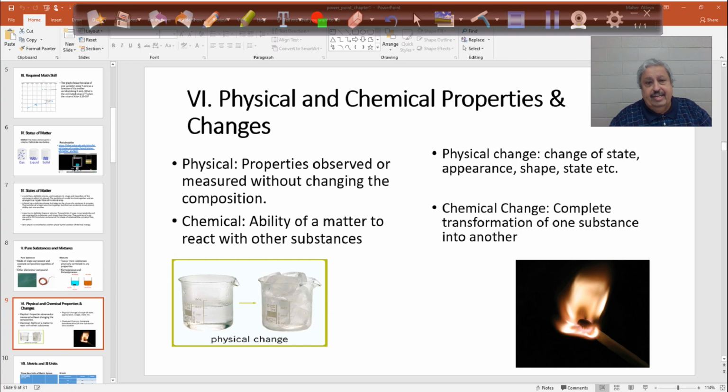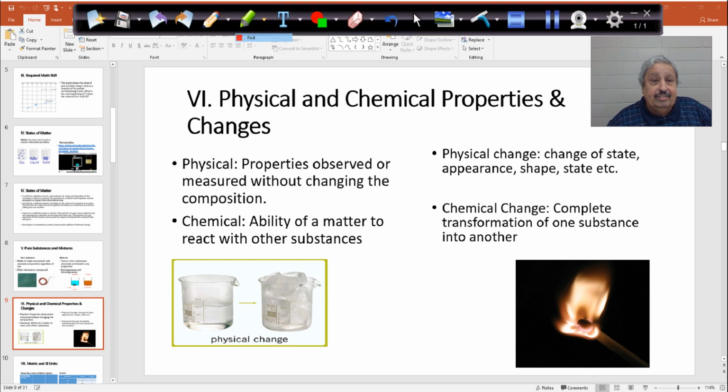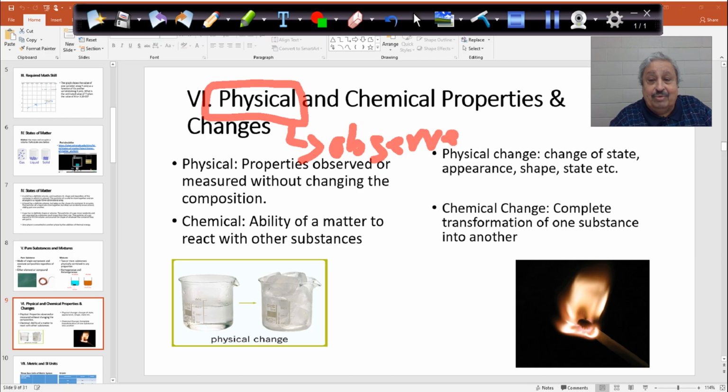Okay, so now physical and chemical changes. With this one, we have to know keywords. How can I determine this is a physical change or physical property, or a chemical property or chemical change? Well, there are keywords. If it's a physical change, then I have to have a keyword called observe.